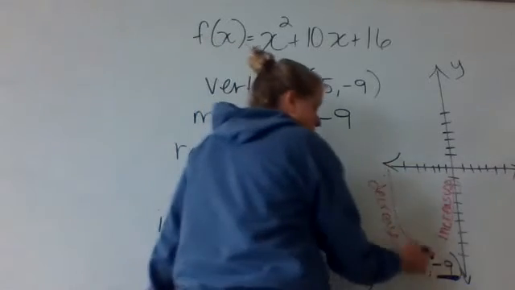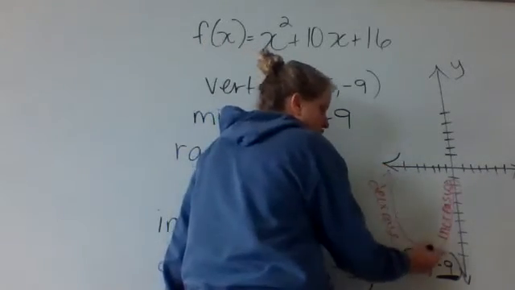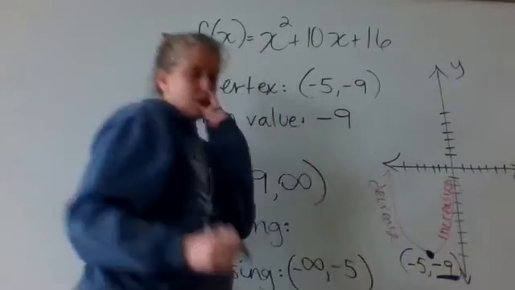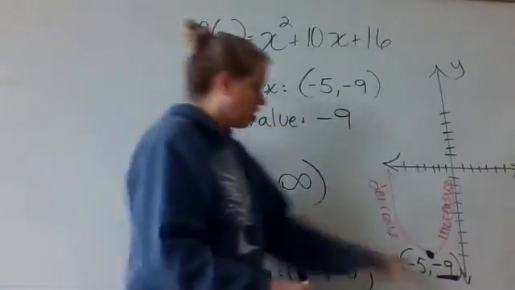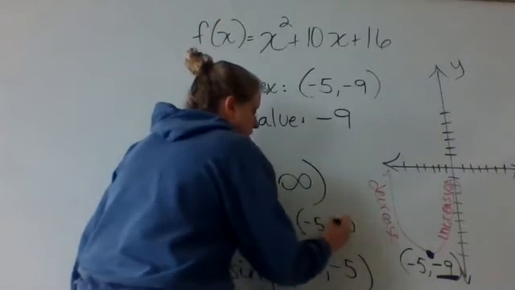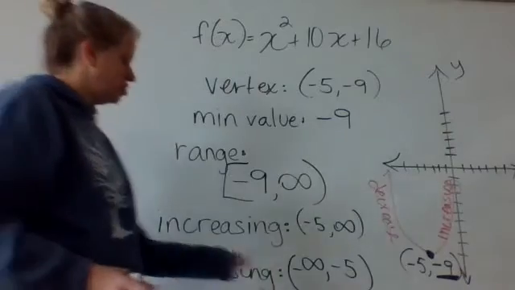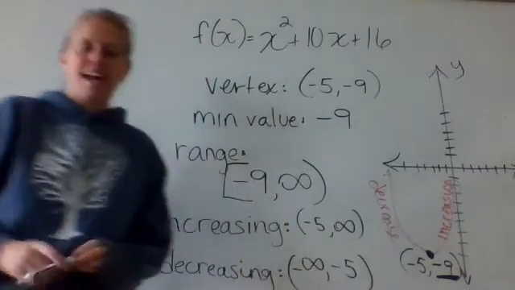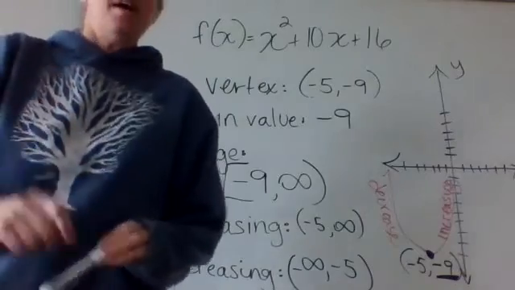Then once you get to, and I'll talk about why we use parentheses here in a minute, once you get to the vertex, you start increasing. So where do you start increasing? You start increasing at -5. And then you increase forever to infinity. So why am I using parentheses around that -5 instead of a bracket?